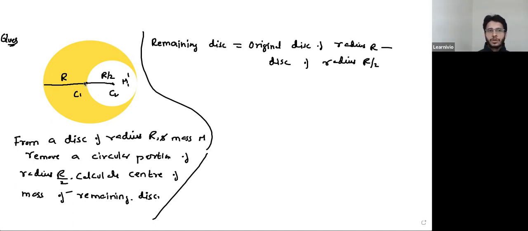Fine. So for these type of problems in which from a disk you cut another disk, or from a sphere you cut another sphere, then consider that cutout portion as a body. So you have two bodies here.